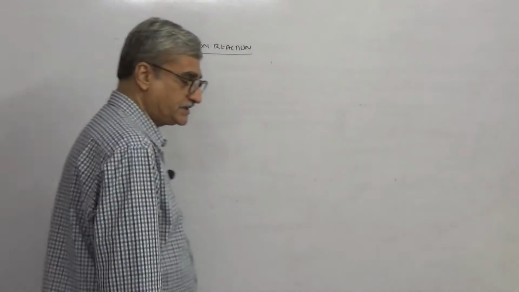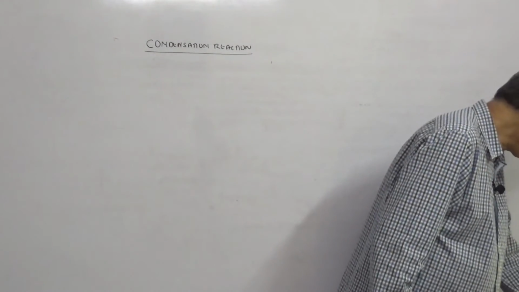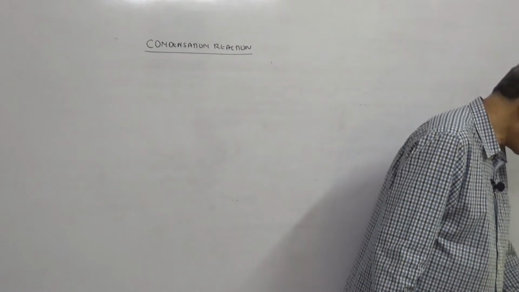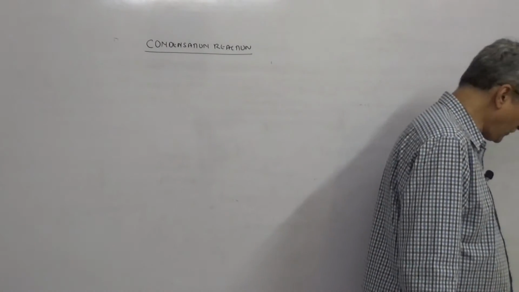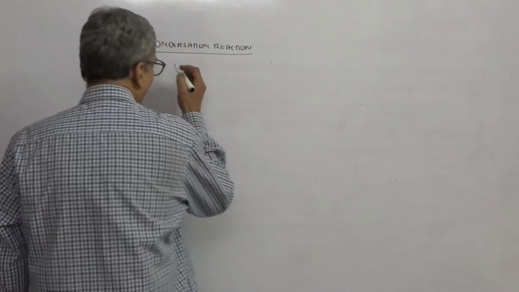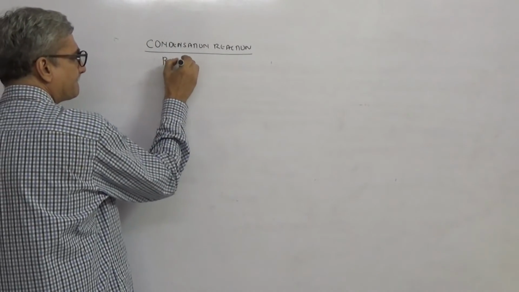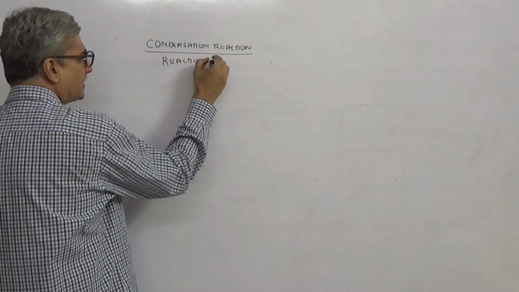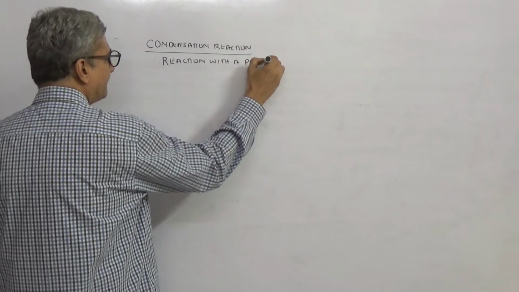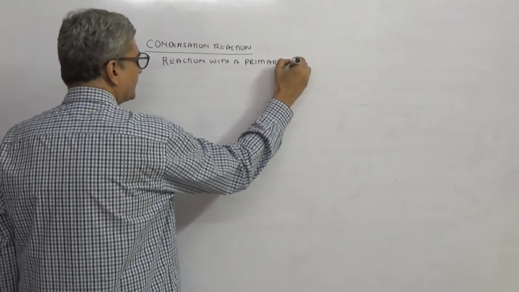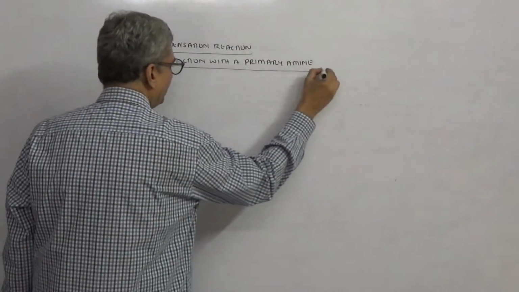So what are the condensation reactions? First is reaction with hydrazine. First with primary amine forms a Schiff's base, then hydrazine, hydroxylamine. One by one we will go. First is reaction with a primary amine.